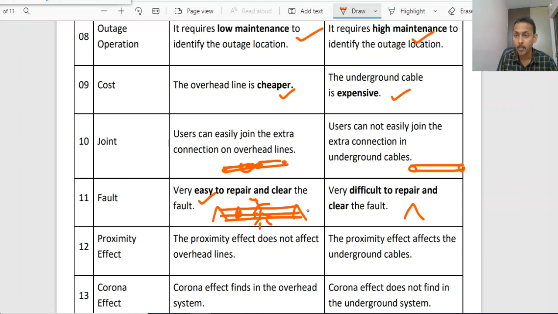Out of its entire length, depending upon its length, whether it is some 80 kilometers, where the fault has occurred, identifying the fault will be difficult, and repairing it is also difficult. First of all, identification itself is very difficult, and repairing is also difficult. So with respect to fault identification and clearance, if it is overhead system, it is very easy, right?